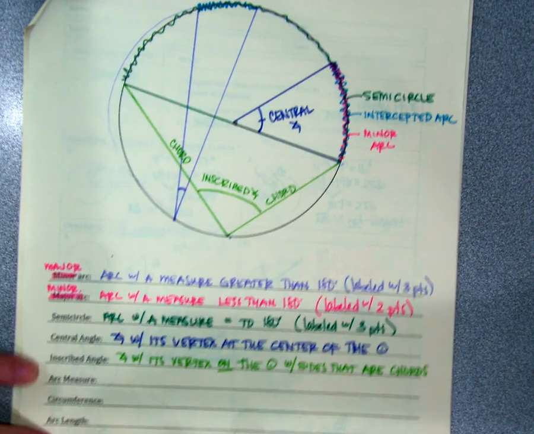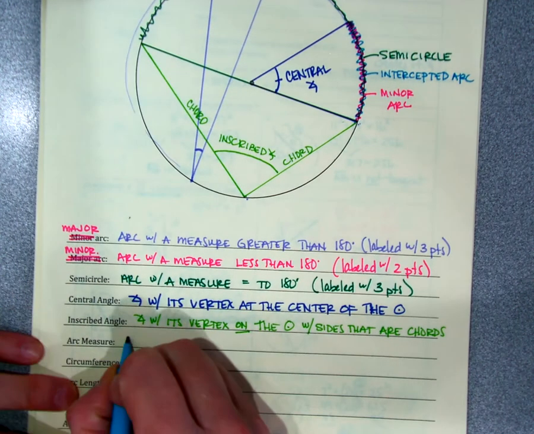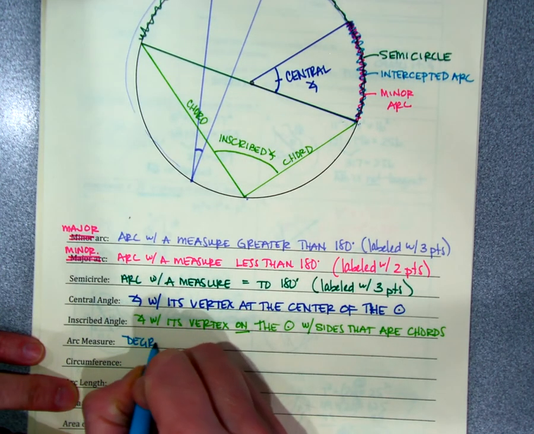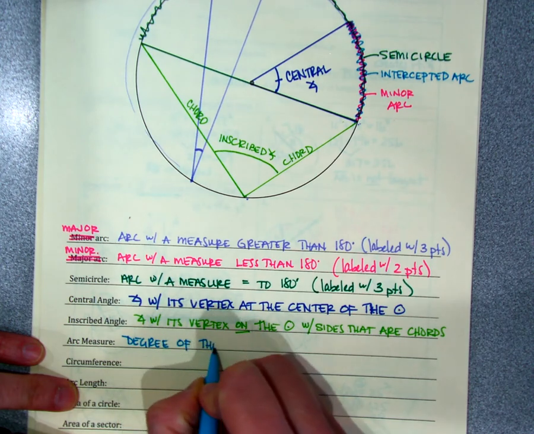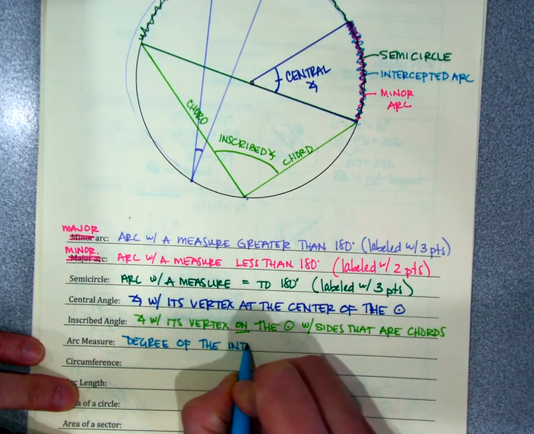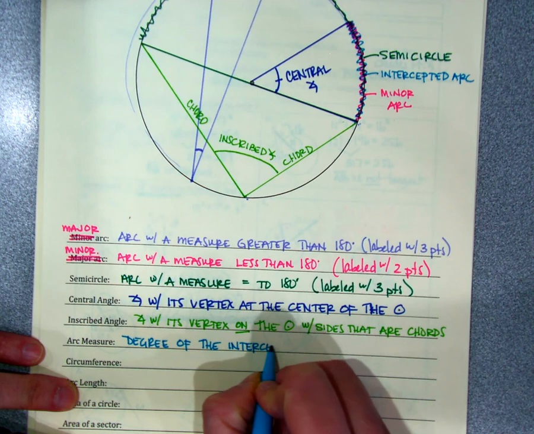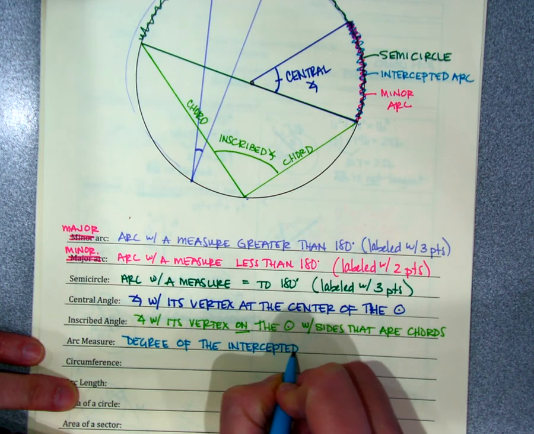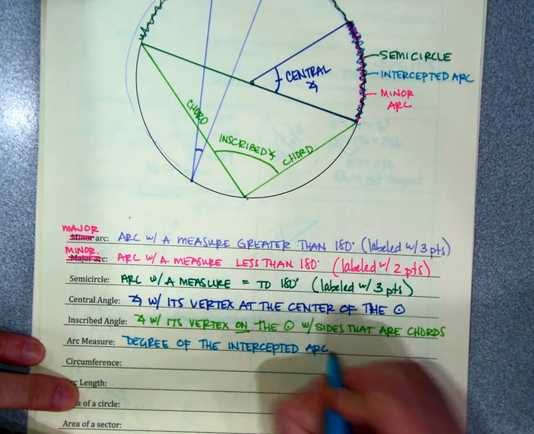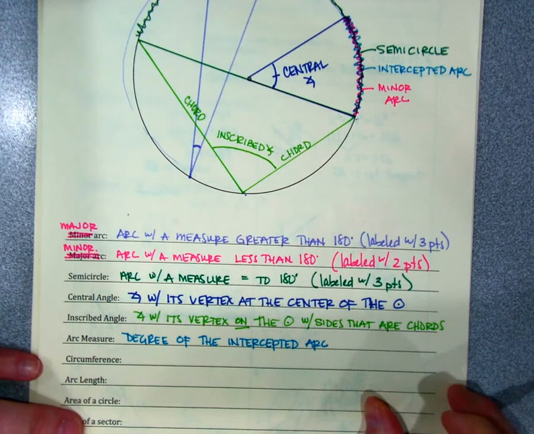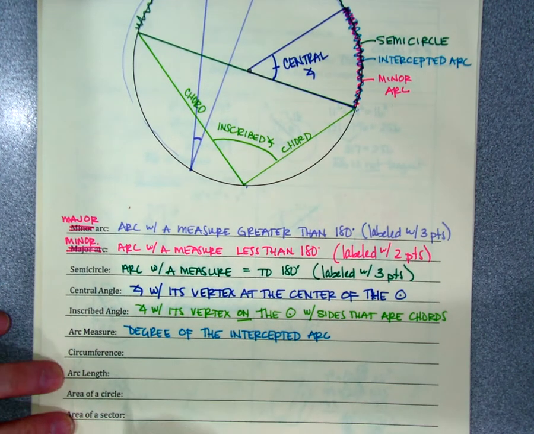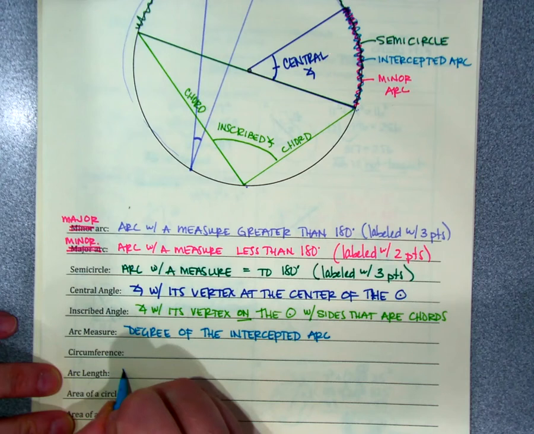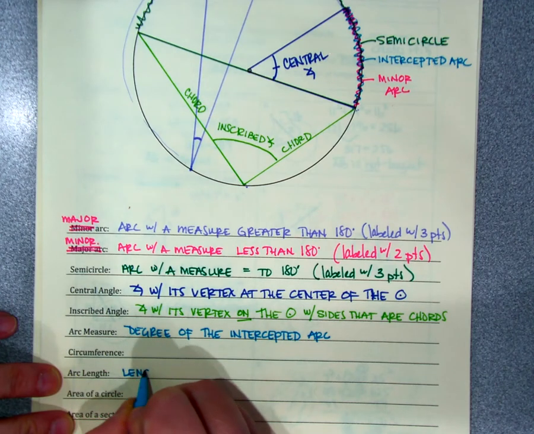So arc measure is the degree of the intercepted arc. Arc length is the length.